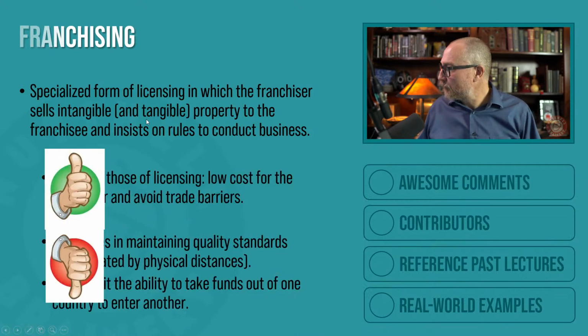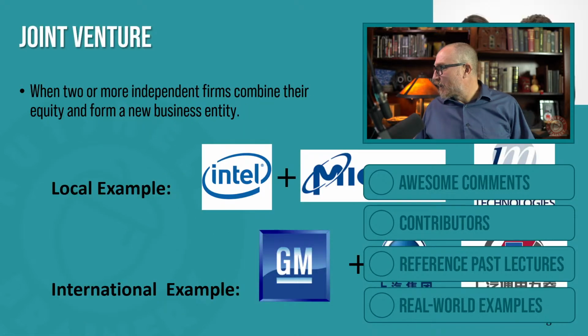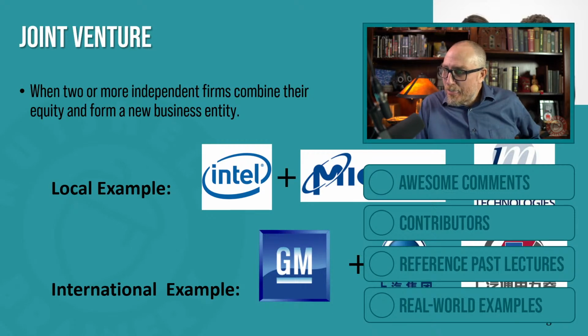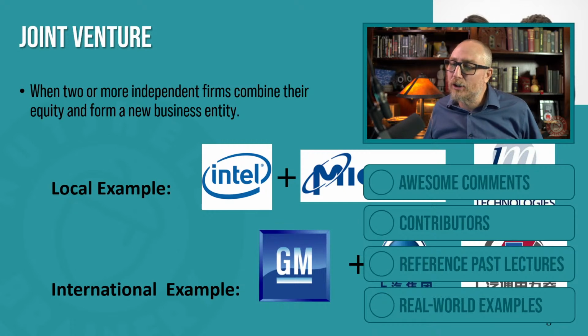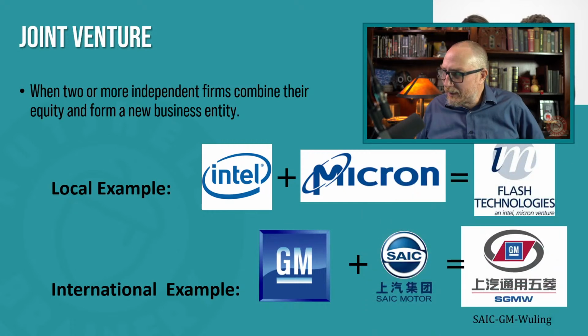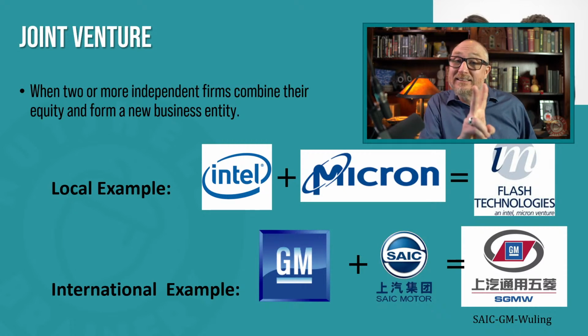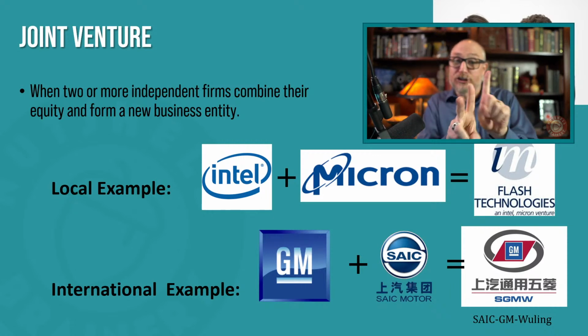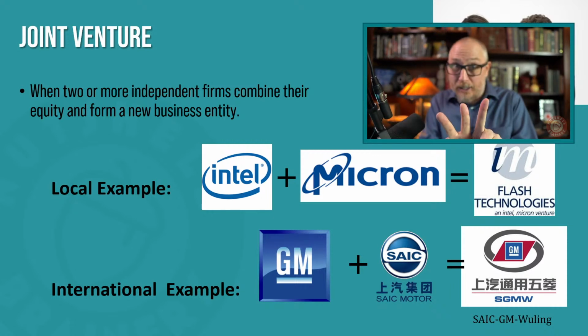Okay? So, joint venture. All right? Joint venture, and I'm going to go ahead and move this for a moment so that we can see. A joint venture is basically when two companies get together and start a third company.